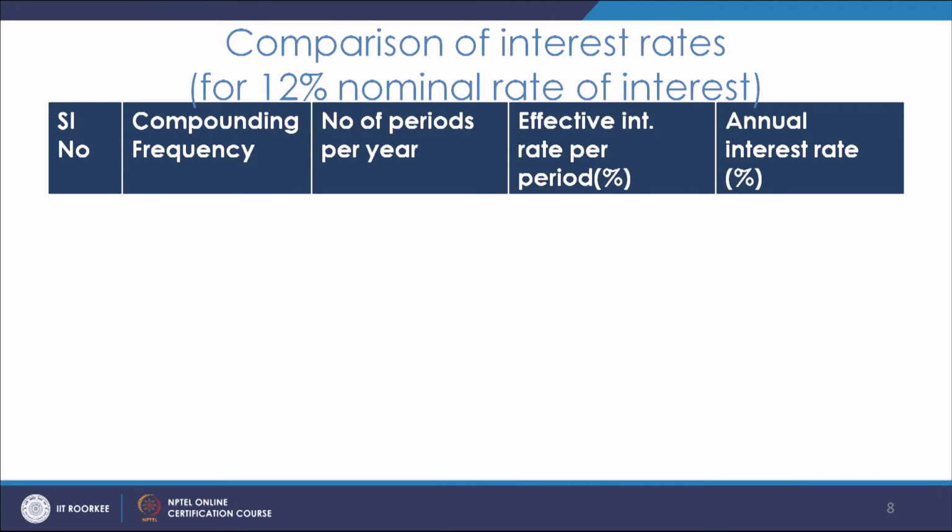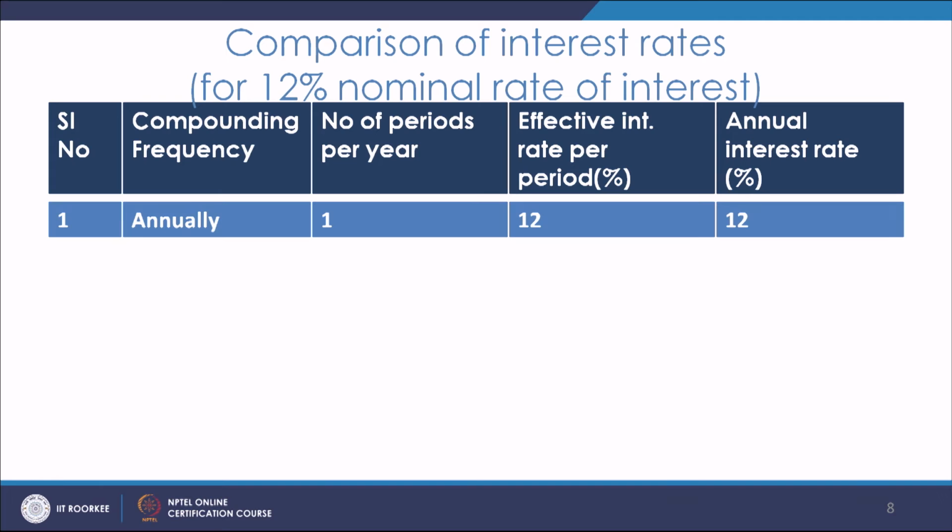Now, let us see when the compounding frequency is annual, that is, it is done only once. In that case the effective interest rate per period, because it is already a nominal interest rate of 12%, is 12%, and the annual interest rate is also 12%.